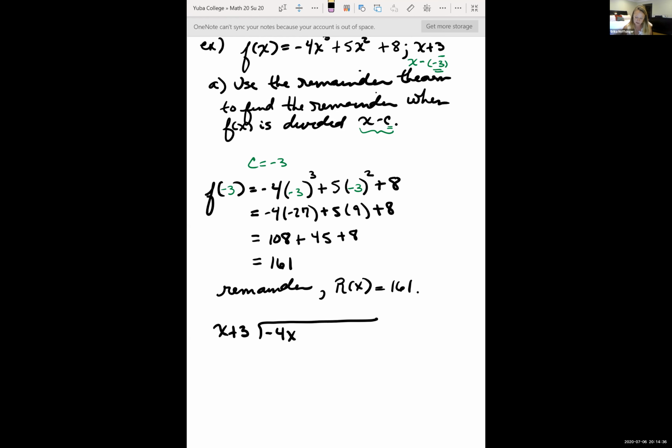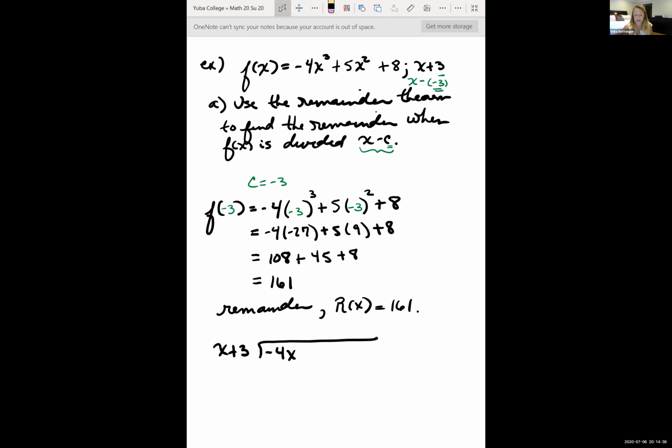We can only use synthetic when we're dividing in the form of x minus c, which we're using in both of these theorems. And remember when we were writing our polynomial, our dividend underneath the division symbol, we had to put a placeholder for any terms that were missing a power. So I have a negative 4x cubed here, I have a plus 5x squared, but I'm missing an x term, so I'm going to put plus 0x plus 8.